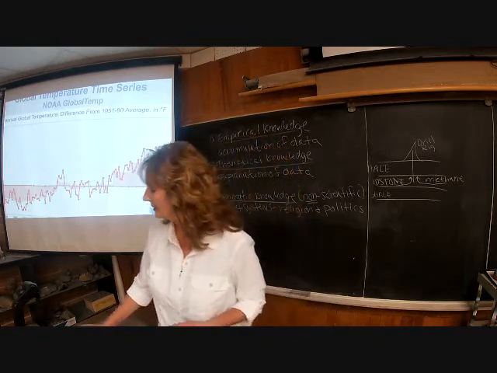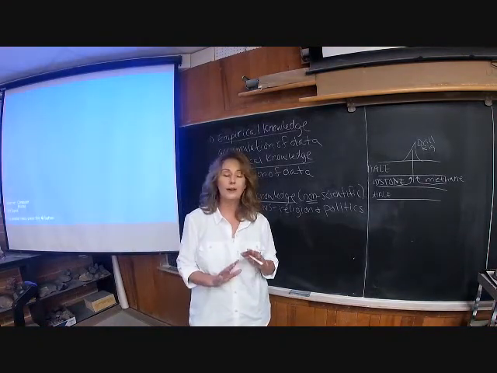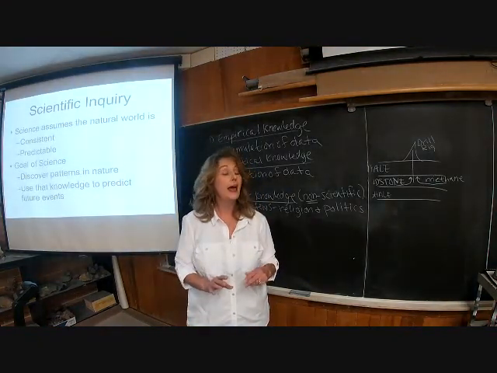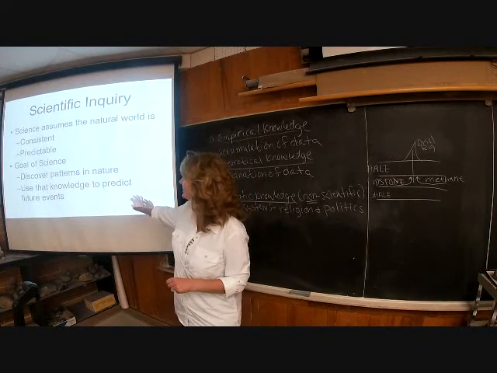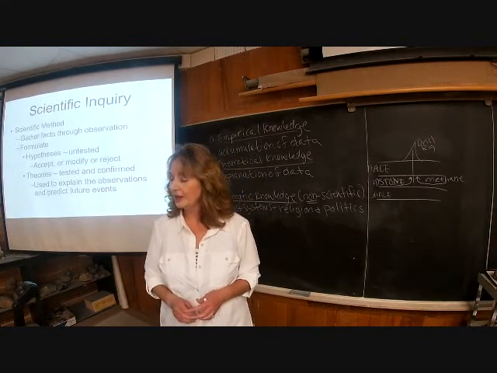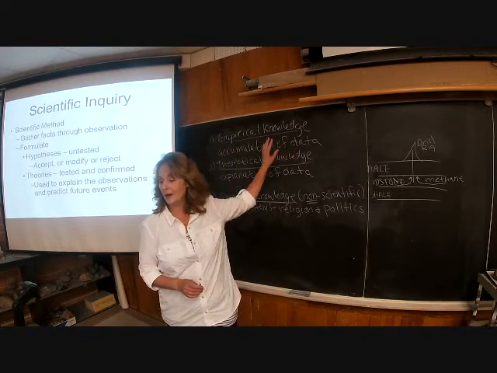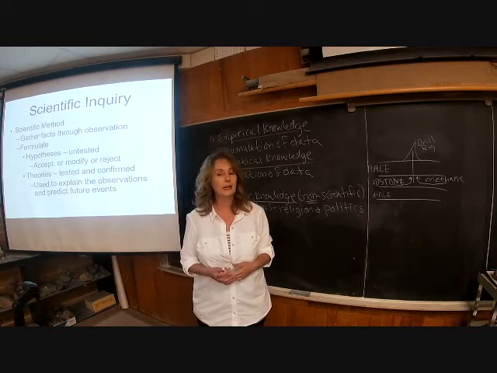Okay, the last couple of PowerPoints in here. So our natural world is consistent and predictable, right? So we do try to predict future events. Gathering facts through observation, so trying to collect our data. Then we try to formulate hypotheses.